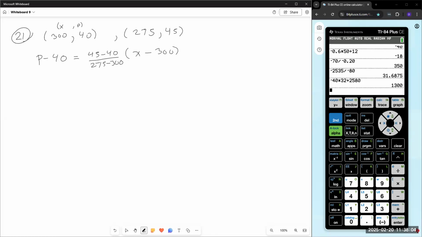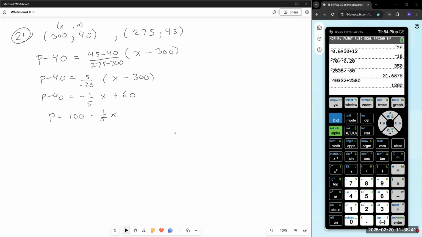It's going to be P minus 40 equals 5 over negative 25 times x minus 300, so P minus 40 equals negative 1/5 x plus 60. P equals 100 minus 1/5 x.